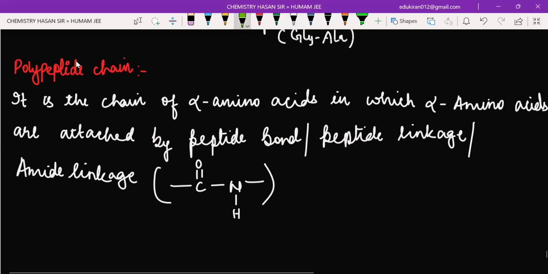Then we'll do classification of protein on the basis of shape.